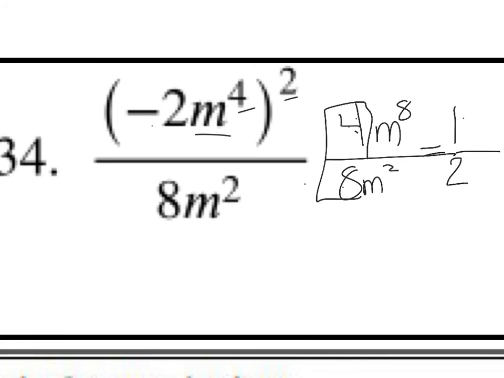A lot of you make the mistake of just putting 2 on top. It's not. The bigger number was on the bottom, right? Here you're just simplifying the fraction. And then for my m's, I have 8 on top, 2 on the bottom. 8 minus 2 is 6. So your answer is m to the 6th over 2.